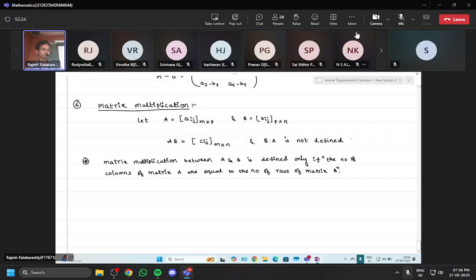Clear? Because I can see one is N, another is M. In general, it is defined only if M is equal to N. Understood?